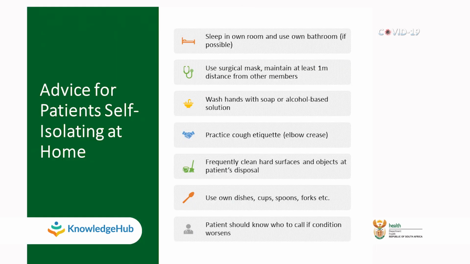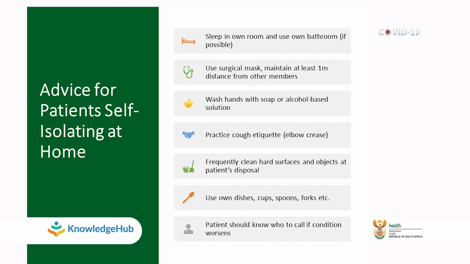Now, advice for patients that self-isolate at home: they should sleep in their own room if possible, use their own bathroom if possible, preferably, and use a surgical mask, keep social distance, wash hands, practice cough etiquette, clean the rooms properly, use their own dishes and all that.